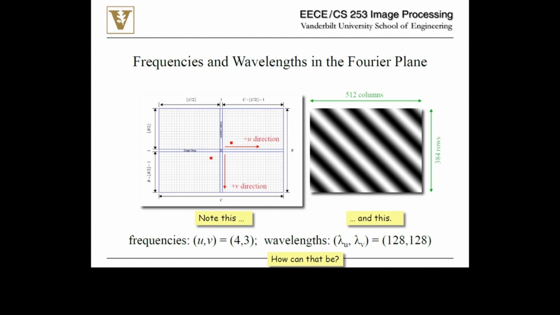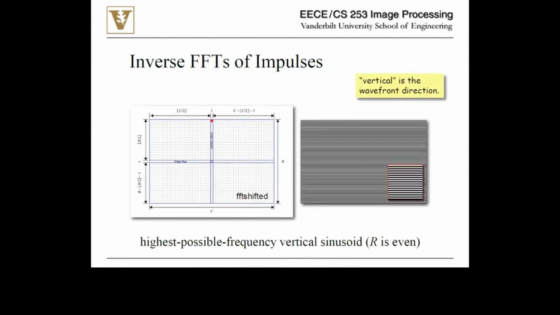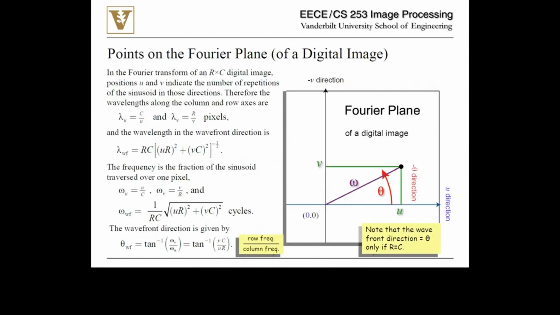And now we understand this formula that we had before. We have this formula that seemed to come out of the blue. It is not actually so. You have C columns, you need to see 4 periods. So those U and V are kx, ky in our notation. So they are indexes.